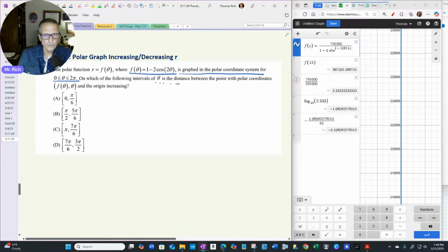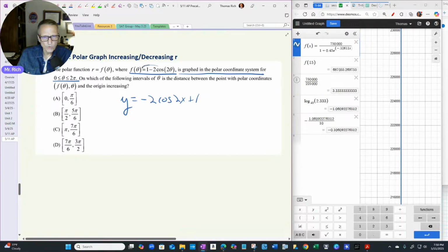On which of the following intervals of theta is the distance between the point with polar coordinates increasing? Well, what I'm going to do here, students, is I'm going to solve this problem by graphing this in a rectangular system. I'm going to do -2 cosine 2x plus 1.